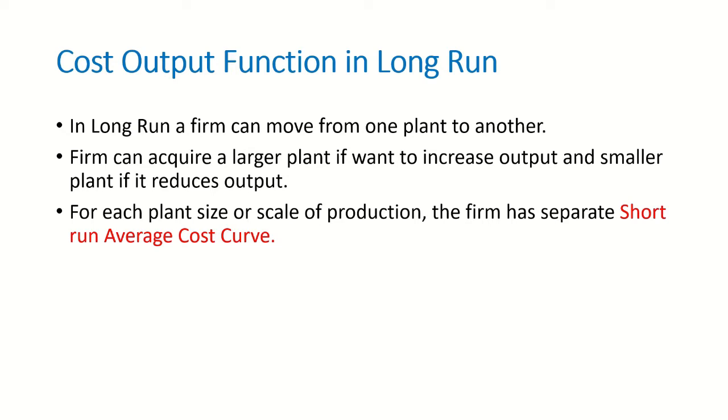Next thing, it's very important: for each plant size or scale of production, the firm has a separate short-run average cost curve. For example, if we are using three types of plant, that is a small plant, a medium plant and a larger plant, for each plant there will be a short-run average cost curve.